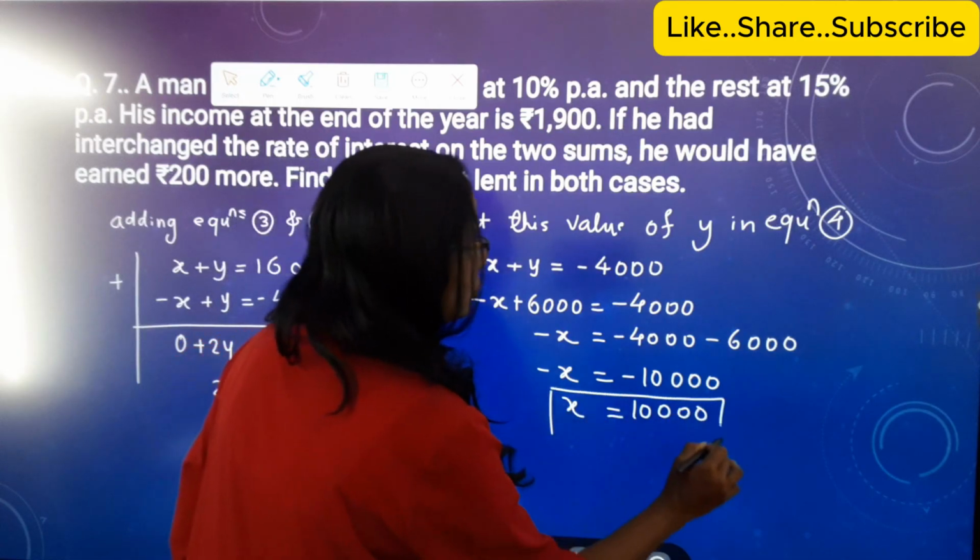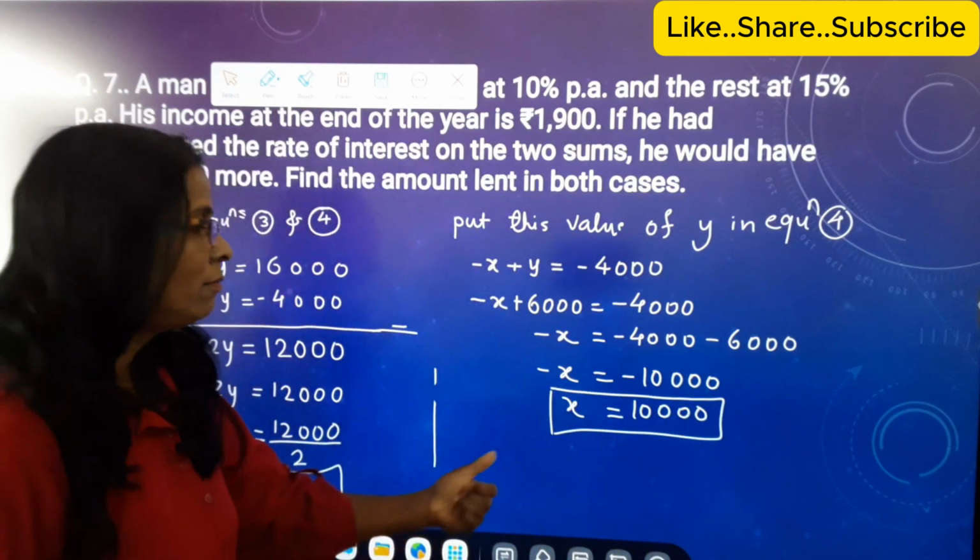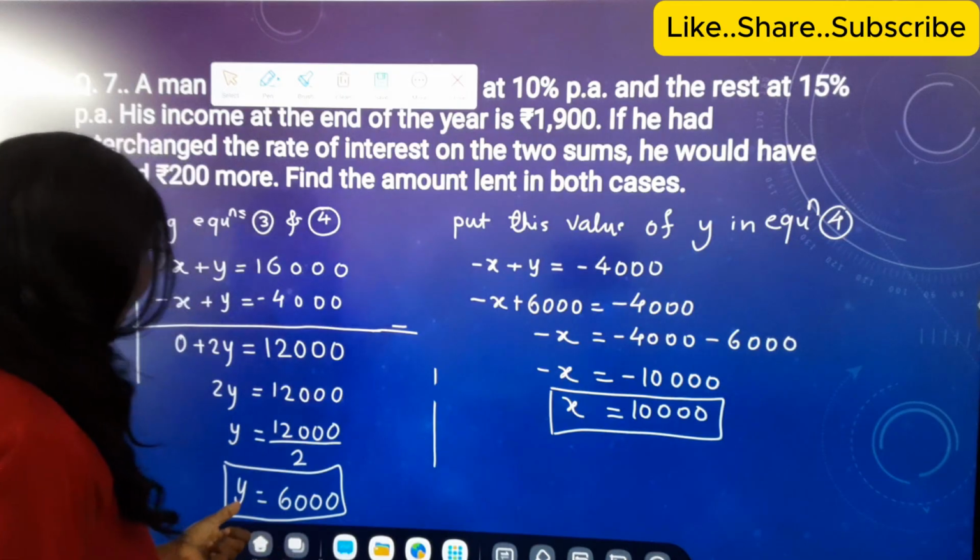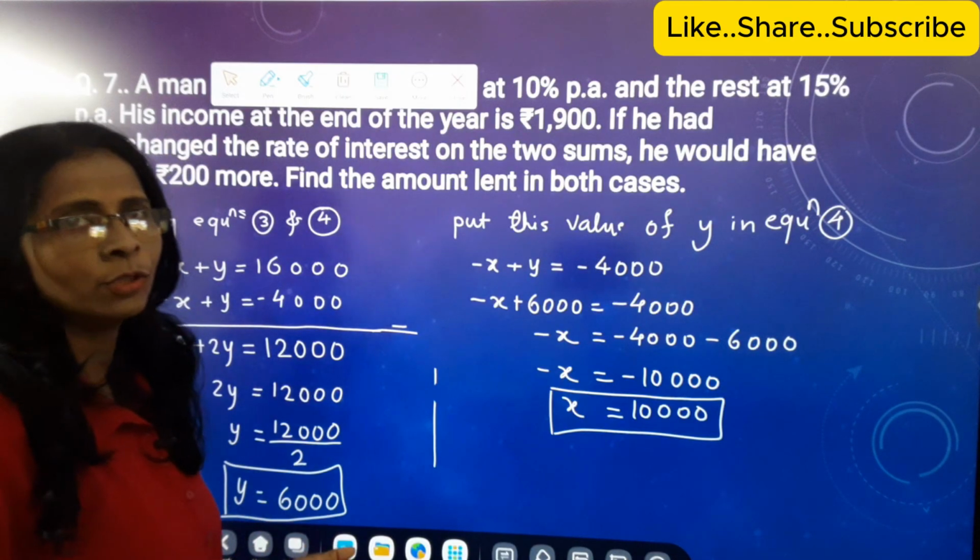Okay. So in such a way we have the value of x as 10,000 and the value of y as 6,000.